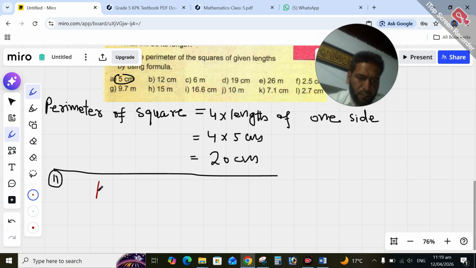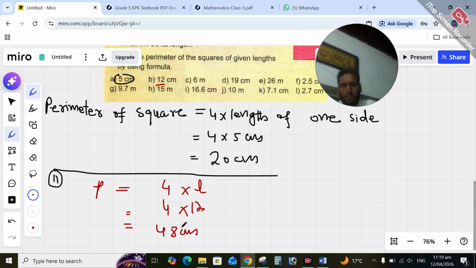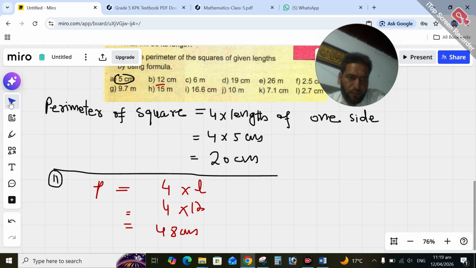So let me denote perimeter by P, and this is 4 times L, where the length of the square is denoted by L. So here 4 times, the length of one side is 12. So let me substitute here 12, and 4 times 12 is 48. So 48 is the required perimeter of the square shape.